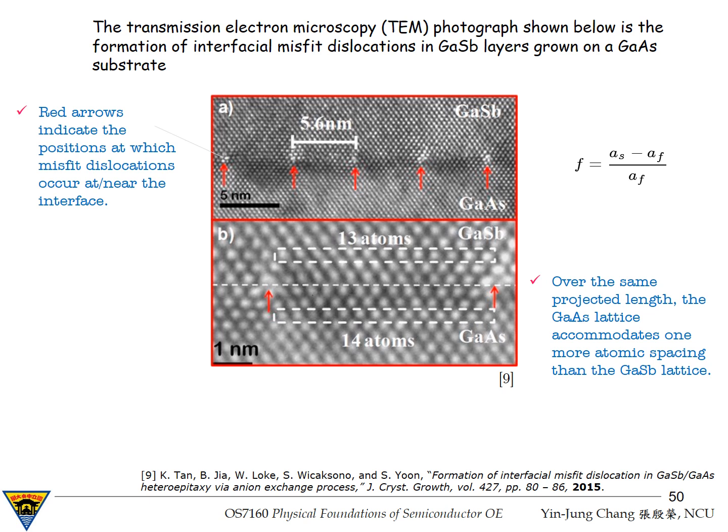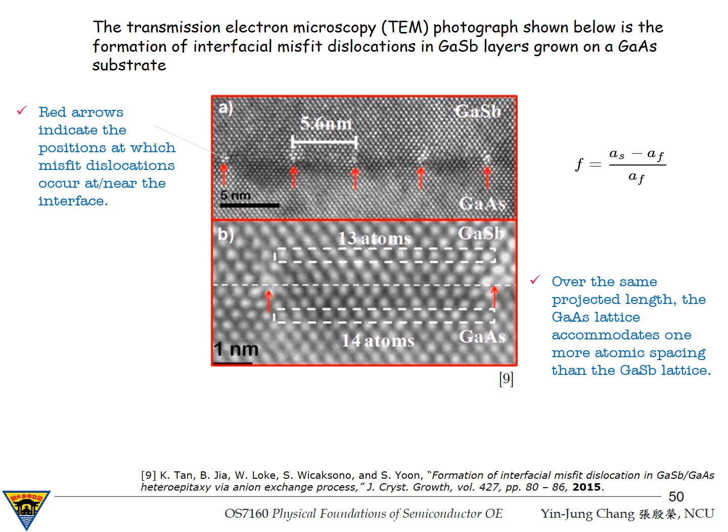In other words, over a certain lateral distance, the gallium antimonide lattice accommodates one fewer atomic spacing than the gallium arsenide lattice. To compensate for that mismatch, a dislocation forms. So we have one misfit dislocation here and one misfit dislocation here.